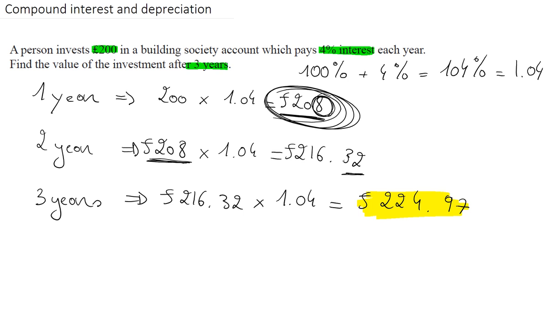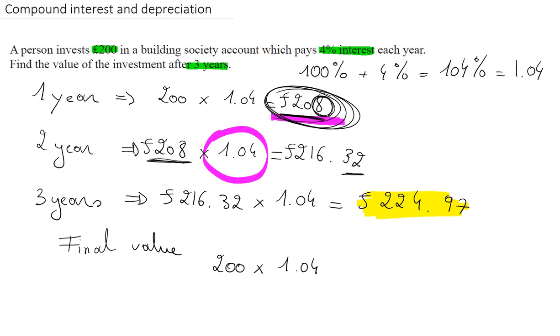There's an easier way. You could have immediately found the final value by just multiplying 200 by 1.04, which is 208 pounds. But that 208 pounds, I multiply that again by 1.04. And then again, I multiply by 1.04.